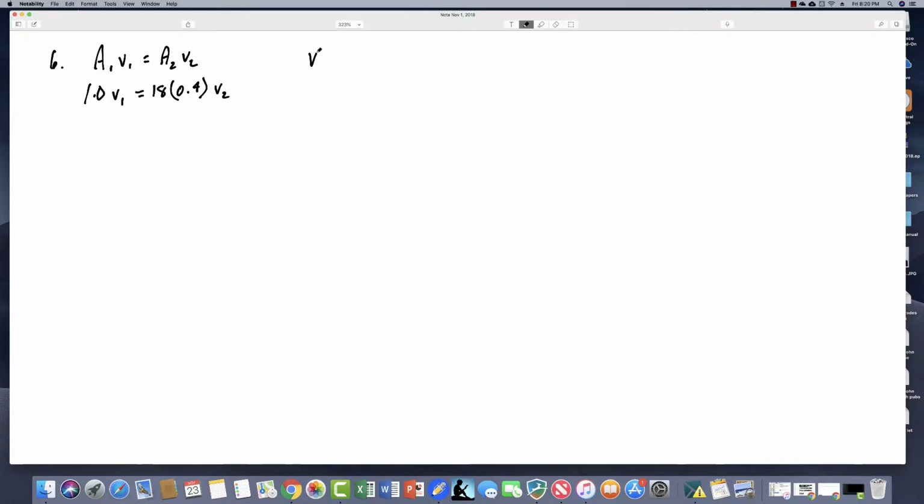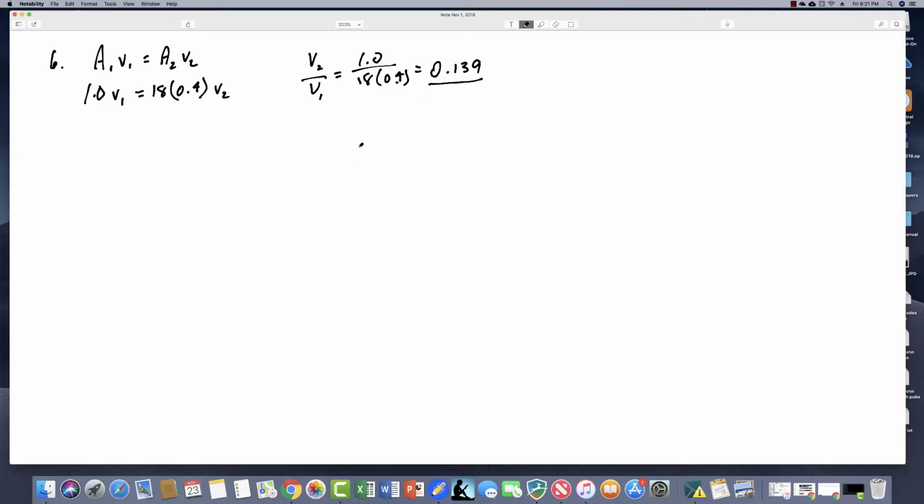Now, if the question is, what is the ratio of these two velocities, then that means we're going to divide 1.0 by 18 times 0.4, which equals 0.139. So the velocity decreases by a factor of 0.139.